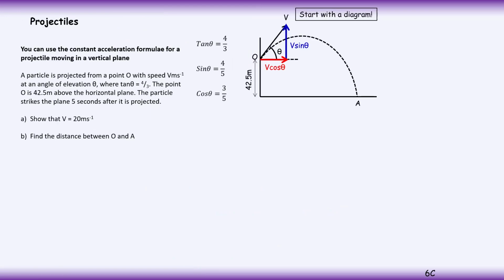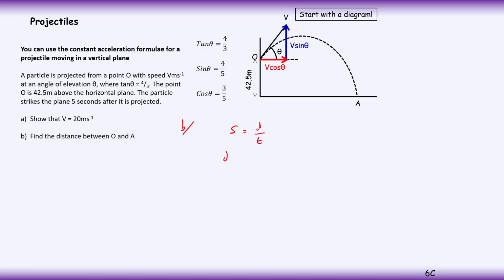Okay, for part B, we want to find the distance between O and A. So we want to find the horizontal distance. So we've got part B. We want to resolve horizontally, and speed is equal to distance over time.